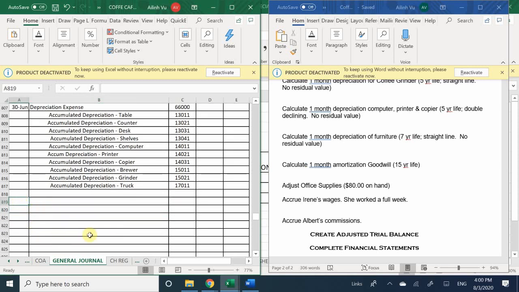That's a separate journal, because it's accumulated amortization. So I'm going to go ahead and fill that in since we're already there. It's not depreciation expense, so what is it called? Accumulated amortization goodwill. That's the credit, but what's the debit account? Wait a minute, I'm still writing this down. Just a minute.